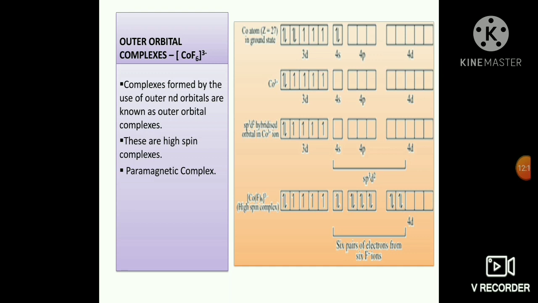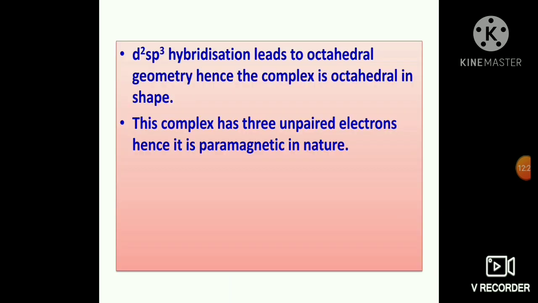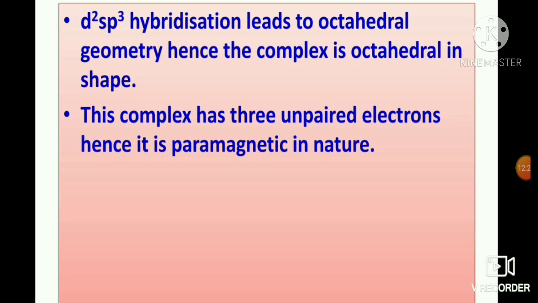Cobalt's atomic number is 27 and the oxidation state of cobalt is +3. So we write the ground state configuration like this.